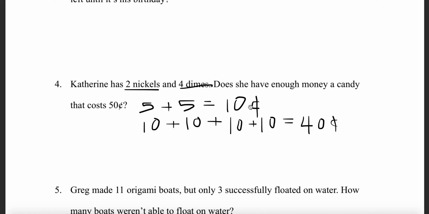So this shows that she has 10 cents and 40 cents, and if you add that, 10 cents plus 40 cents is equal to 50 cents, and this shows that she has enough money to buy candy. She has exactly 50 cents, so yes, she does have enough money.